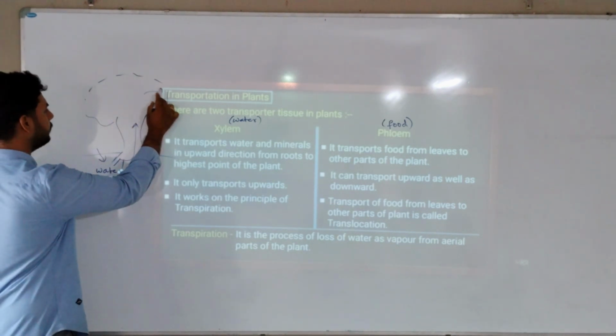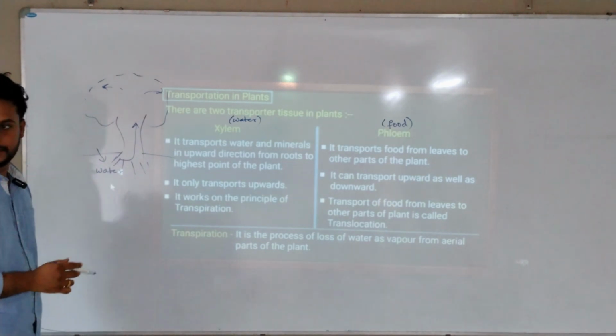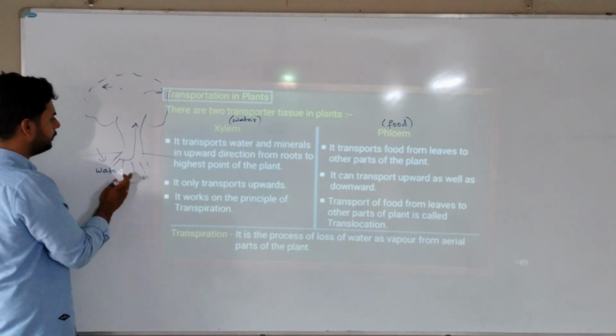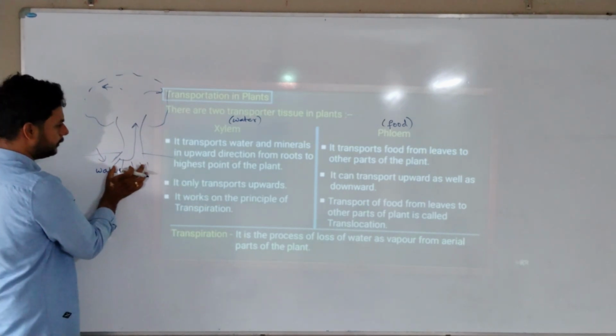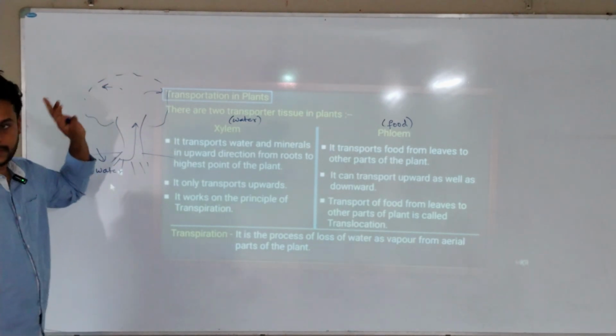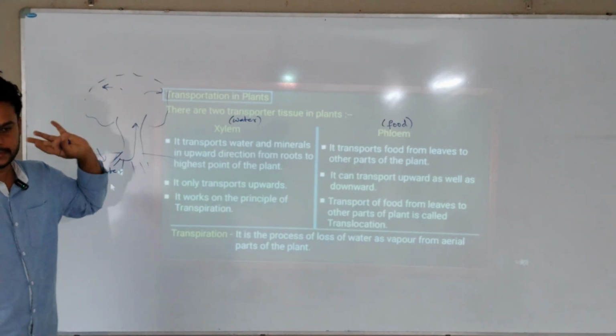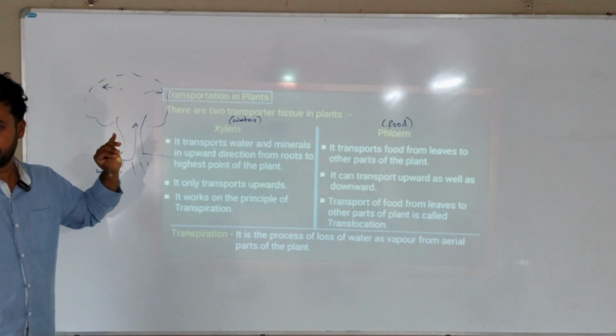It should go to the leaves also, to each and every part of the full tree. So it transports water and minerals in the upward direction from the roots to the highest point of the plant. If there is a leaf up here, water has to go all the way to the highest part of the plant. That is the xylem.